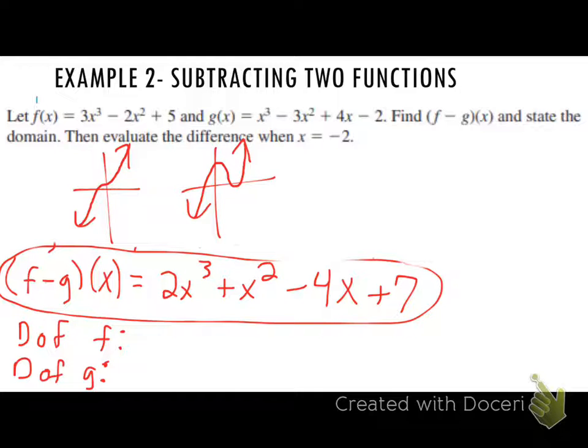So can anyone tell me what the domain of f would look like? Or what it would be? Negative infinity to infinity. There's no stopping point to the left. There's no stopping point to the right. It's going on forever and ever and ever. What about for g? Same thing.